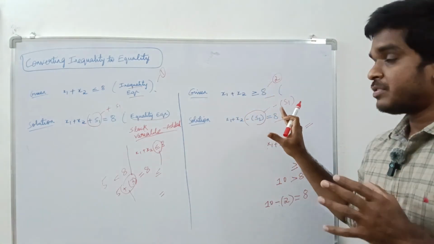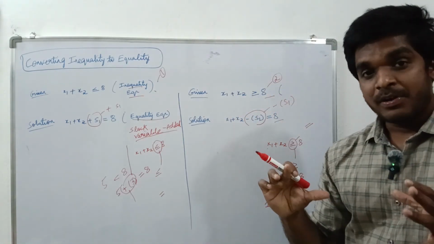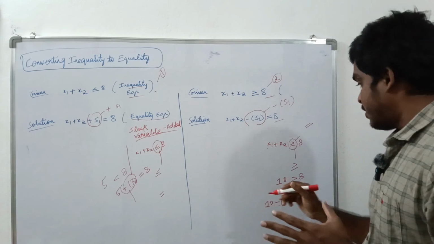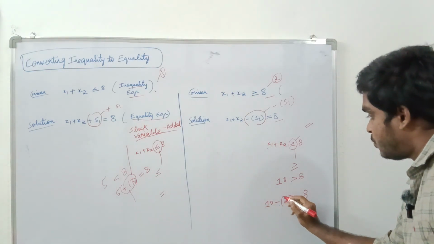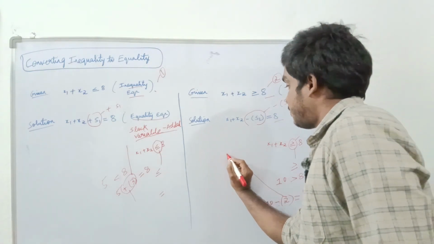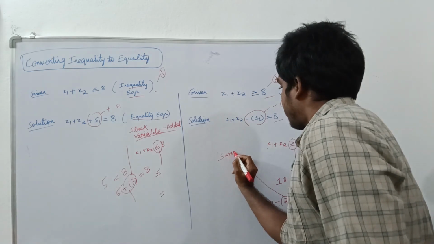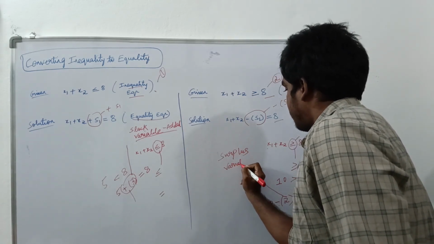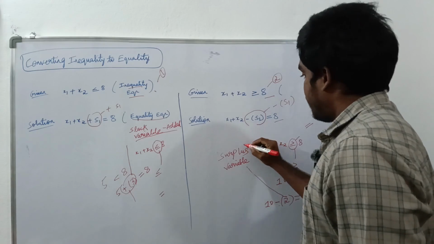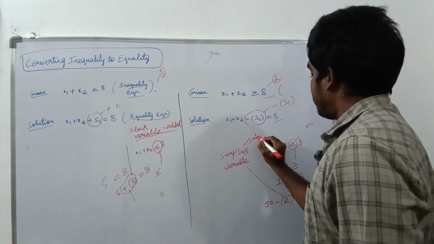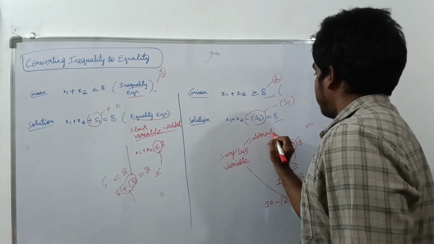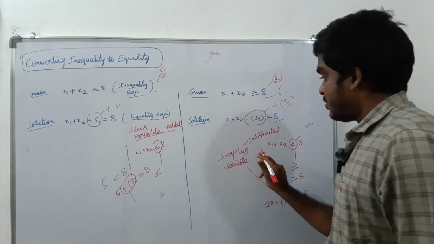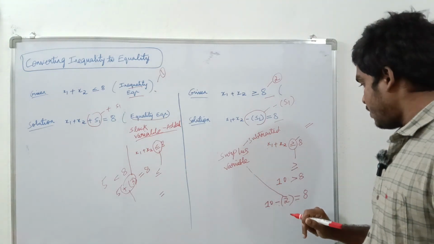For greater than or equal to sign, we are subtracting a surplus variable. This 2 is nothing but the surplus variable, and this has to be subtracted.